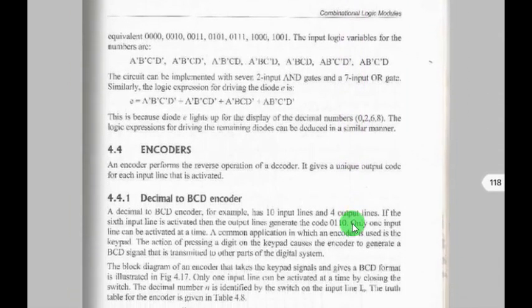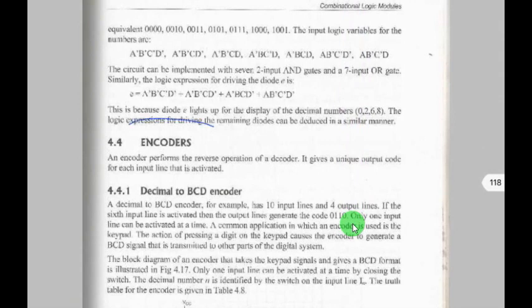We jump to encoders. Today we are going marathon, if you have not noticed. We want to say now that encoders perform the reverse operation of a decoder. It gives a unique code for each input line that is activated.